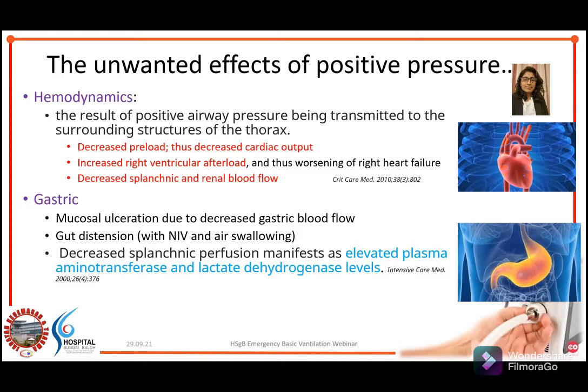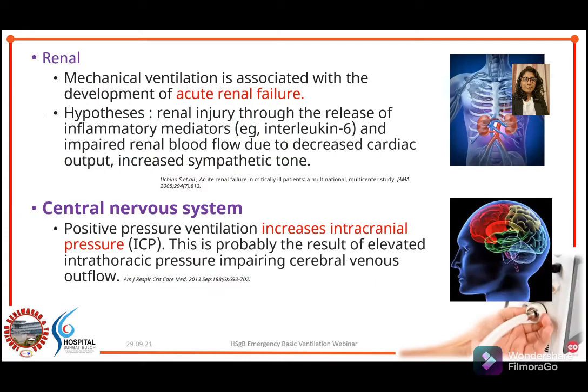Regarding the decreased splenic perfusion, how can you detect it in a patient? So in some patients, it will manifest as elevated plasma aminotransferase and elevated LDH levels. Let's look at the renal. So they have said that mechanical ventilation is associated with development of acute renal failure.